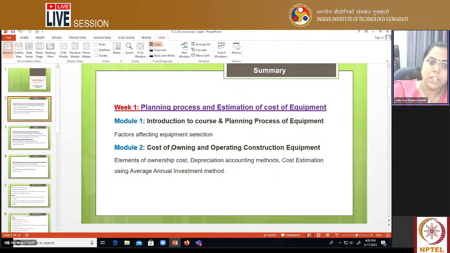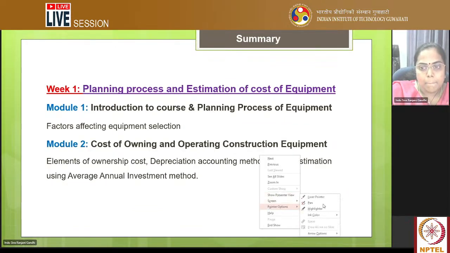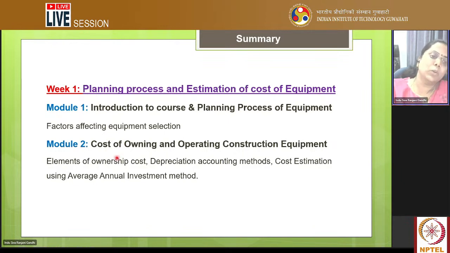In the next module, as we know, the cost of equipment is important. We worked on various examples on how to estimate the various components of the cost, like the ownership cost and the operating cost.